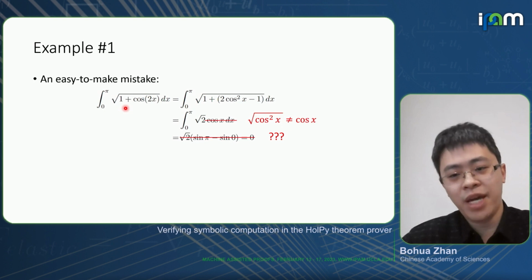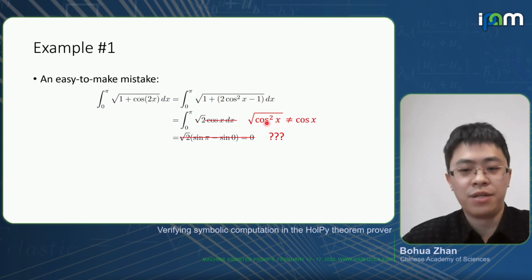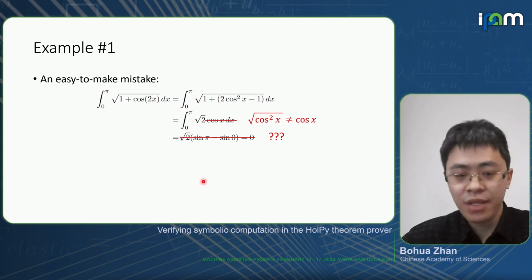The mistake that we made is that we simplified the square root of cosine squared x directly to cosine x, but this is possible only if we know that cosine of x is not negative.